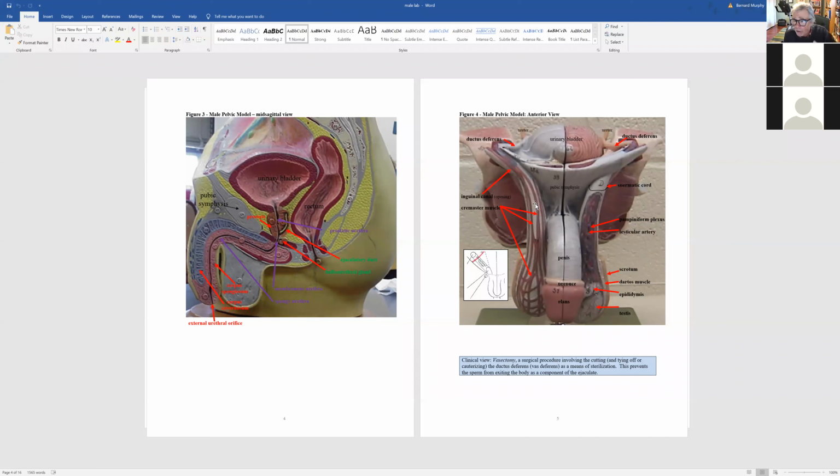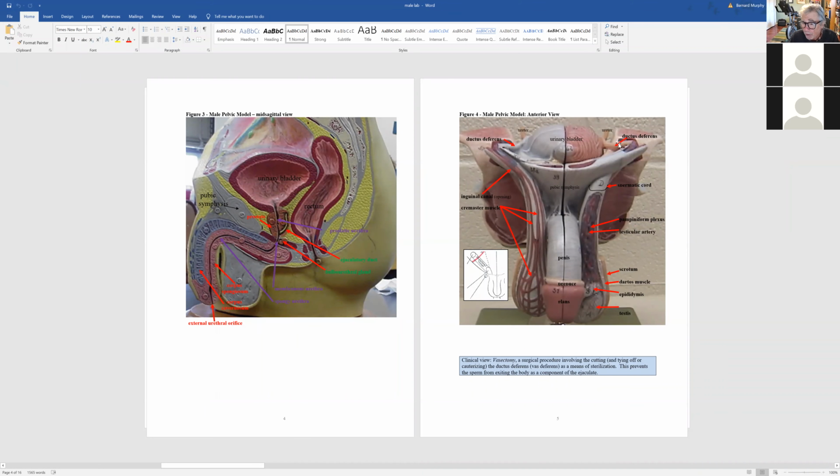And they'll relax and let the testes hang lower, farther away from the body, if it's warmer out.